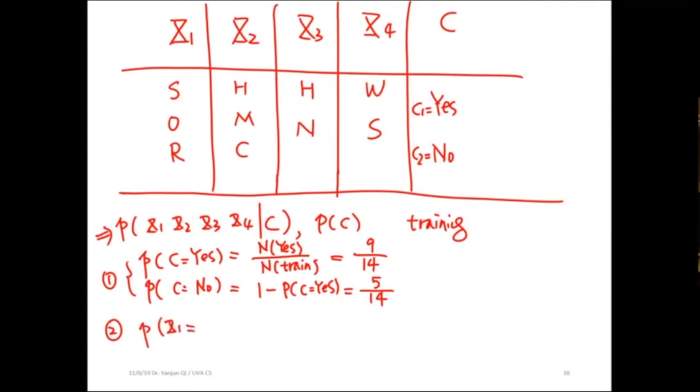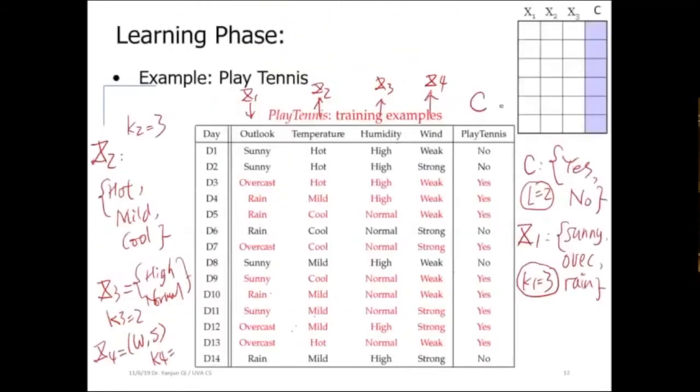Let me give you an example. X1 equals S, X2, let me look for one that actually exists, H, and X3 equals H, X4 equals weak, conditional on C equals maybe no.